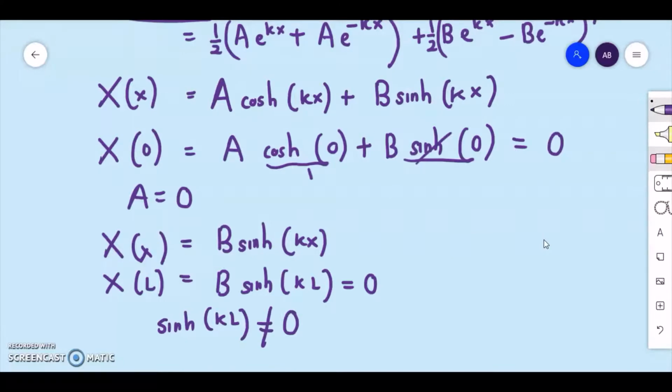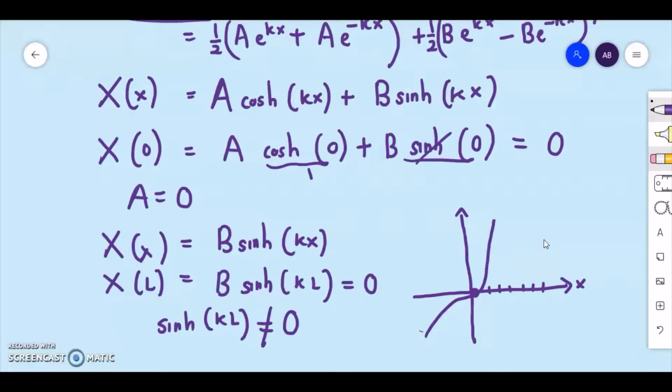Now why is that? Because the graph of hyperbolic sine, I'm not a good sketcher here, but it's like that, right? So you cannot find a solution where the value is 0, because it will go up when x approaches infinity.